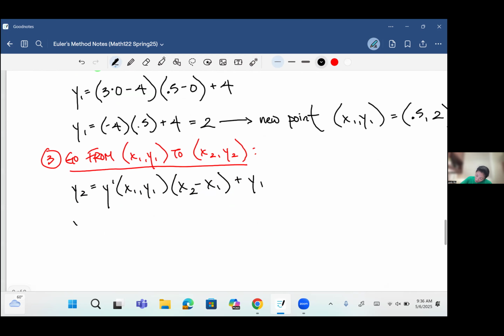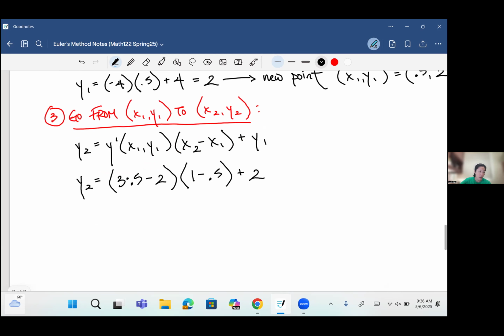All right, so y2 equals 3 times our x1, which is 0.5, minus y1, which is 2. Our x2 is 1, minus the x1 is 0.5, plus my y1, which is 2. I think part of the hardest bit here is just making sure you're plugging numbers into the right place, okay? Beyond that, it's just a lot of calculations.